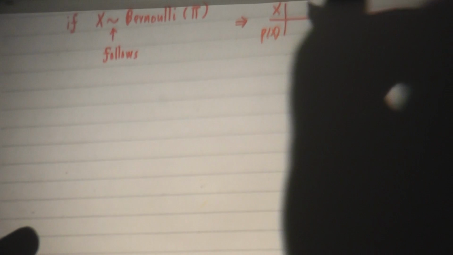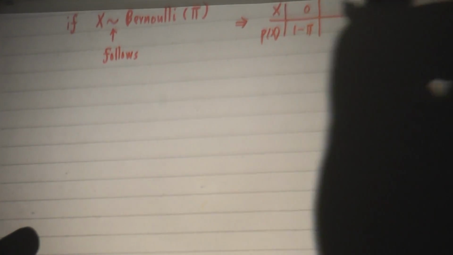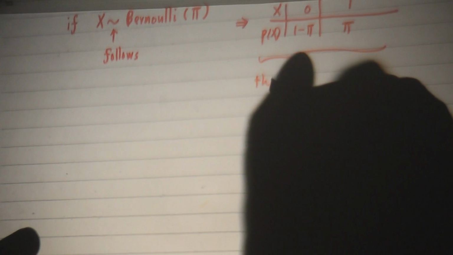If I tell you x follows a Bernoulli distribution with parameter pi, that means it's PMF: x equal to 0 is 1 minus pi, x equal to 1 is pi. This is called the PMF of x.